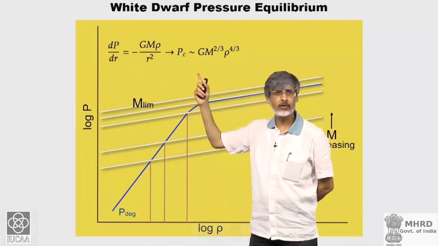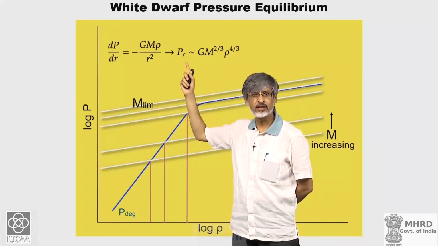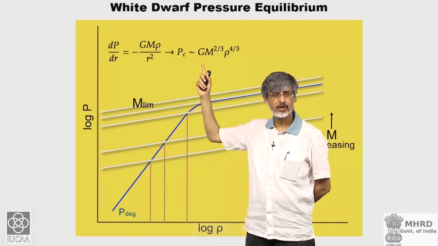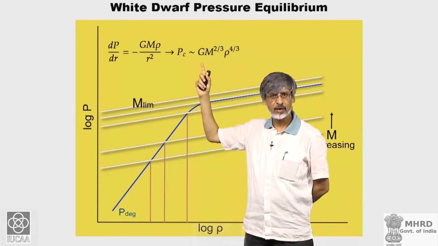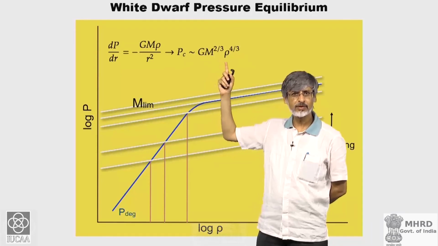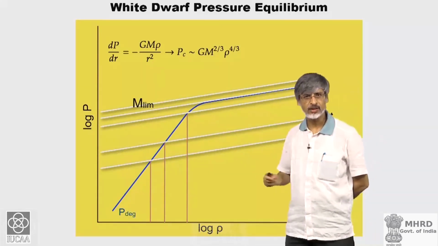again as I showed before, from the hydrostatic equilibrium we can approximately write the central pressure to be equal to the gravitational constant times M to the power 2/3 times rho to the power 4/3, where M is the mass of the star and rho is the average density of the star.